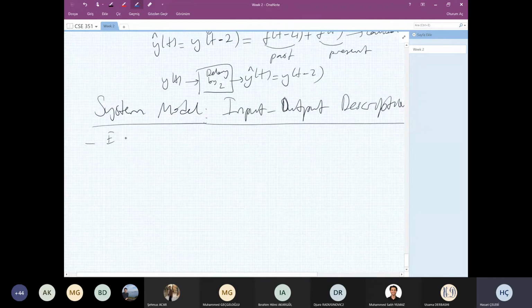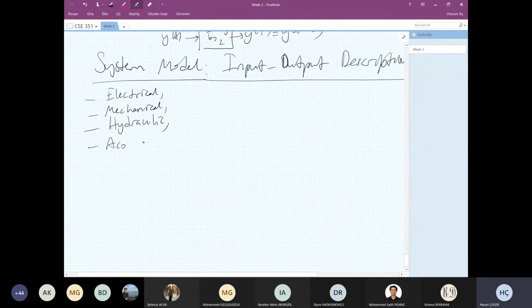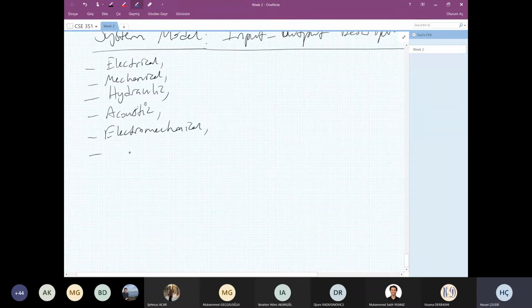Any kind of system you can consider, like electrical, mechanical, hydraulic, acoustic, and electromechanical, or chemical, etc., any system.